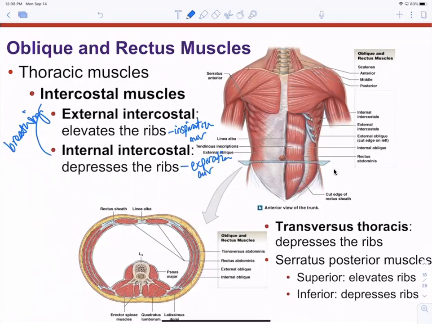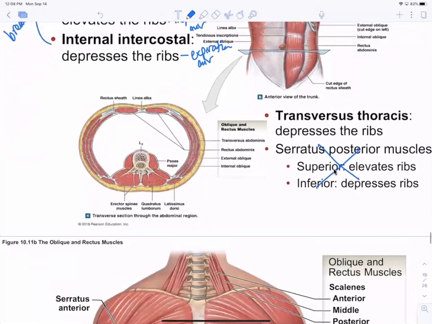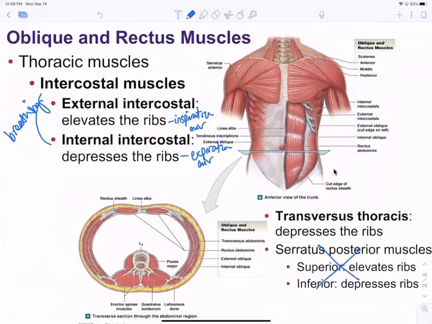And then we get into these abdominal muscles. So I don't really go through the serratus posterior, but let's talk about the abdominal. So the ones that are really important here to understand are going to be the rectus abdominis, the internal obliques, external obliques, and then we'll get into the transverse abdominis.